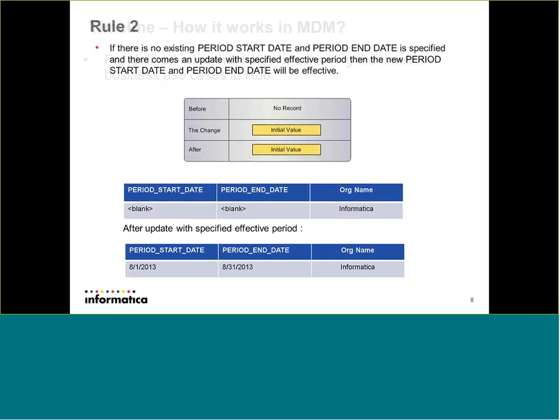And if there is an existing period start date and end date, say I have a period start date and end date as null, and now I want to give a specific date, like say I want to restrict this version of data to be applied only to a period of time. So say I have sent an update for that record, so it directly updates that particular version, that data to be available on a particular period.